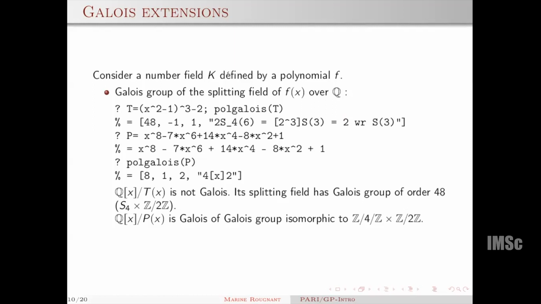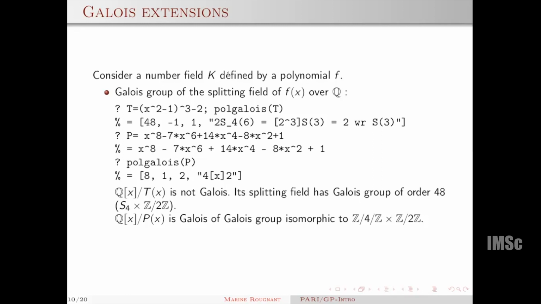So you consider a number field K defined by a polynomial that I will call f. So K is Q[x] over f. You can ask for the Galois group of the splitting field of f(x) using polgalois.